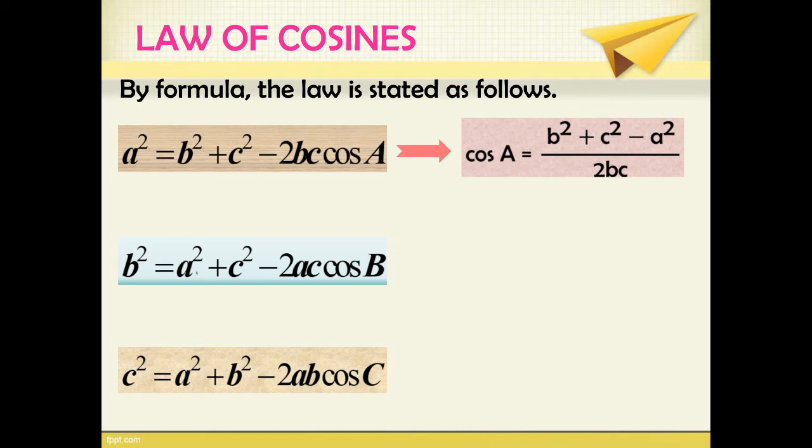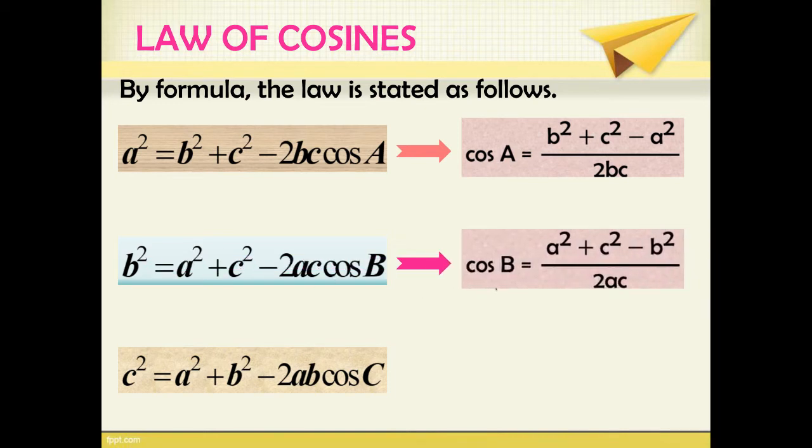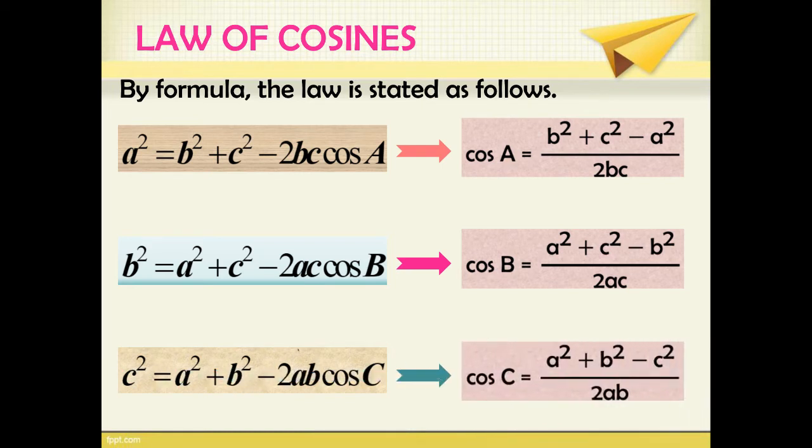If we try to manipulate the second formula here on the left, then we can get the formula for cosine B. So cosine B will be equal to a squared plus c squared minus b squared all over 2ac. And manipulating the third formula here on the left, we can get the formula for cosine C, which is a squared plus b squared minus c squared all over 2ab.